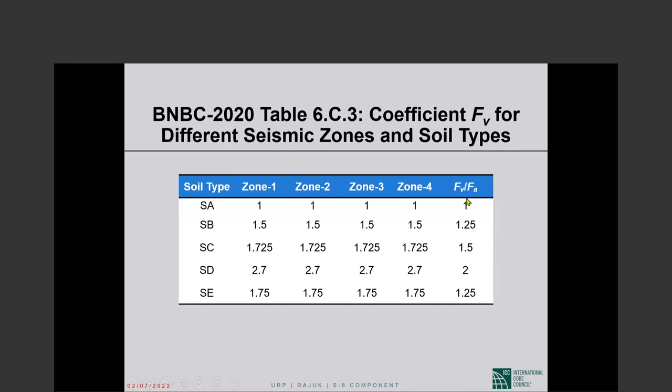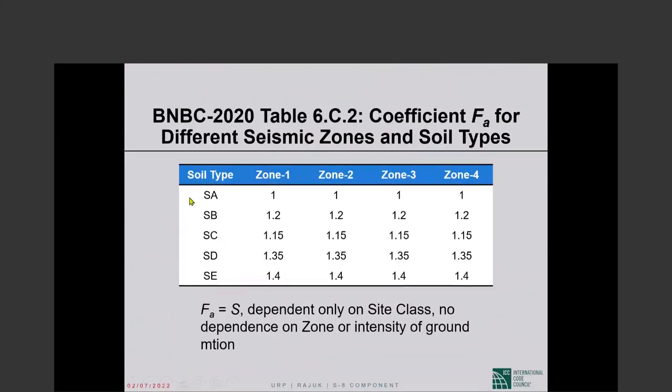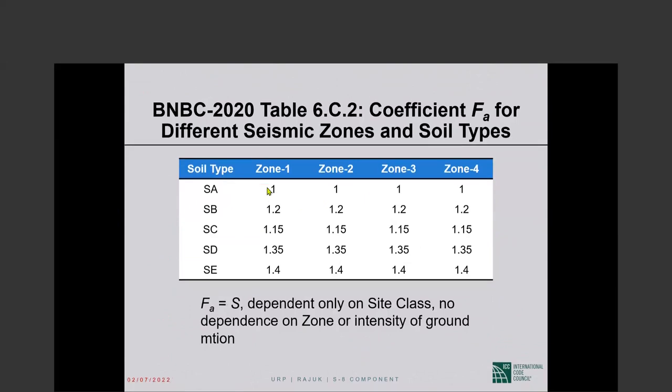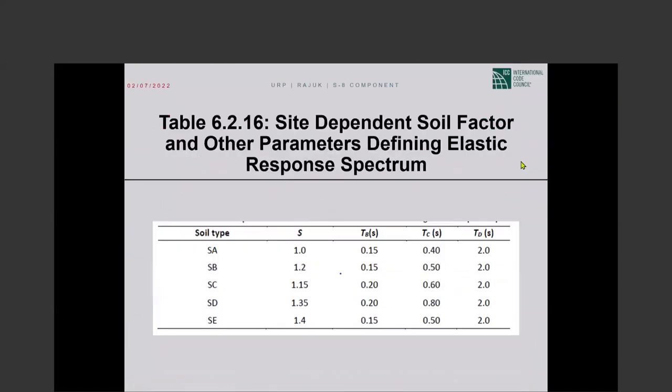This is F sub V over F sub A. I suspect that somebody decided to go with those ratios, and that produced the F sub V values. And I did not point out the last time, but I should have. S sub B is the benchmark site class. Okay, this is why you have a soil factor of 1 with S sub B, and the same thing is true of long period ground motion.